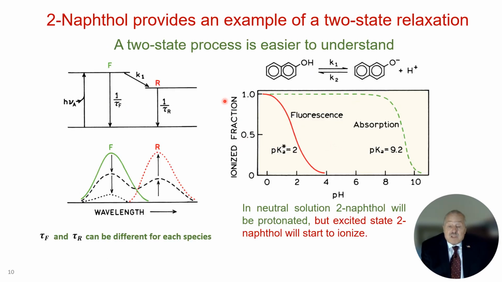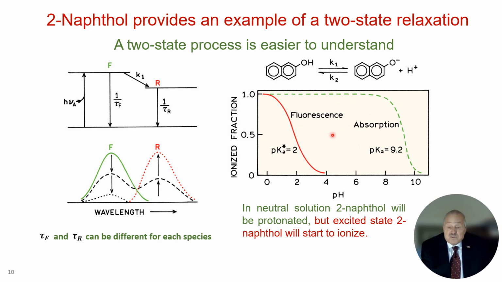So let's start with a very simple case, which is 2-naphthol, which provides a great example of a two-state reaction, and I think that's easier to understand. Naphthol has a pKa at a pretty high pH value, but when it's in the excited state, the pKa drops sharply from 9 to 2.